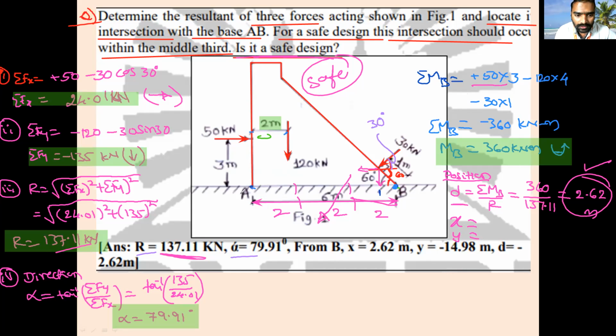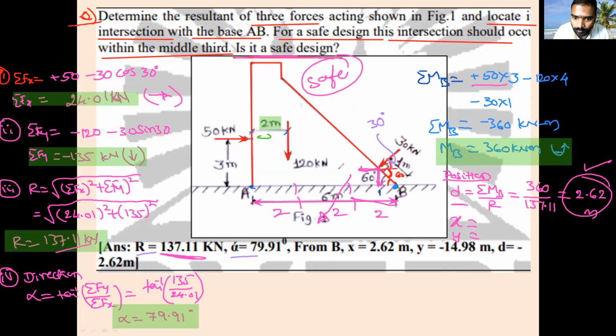Okay. See, if it is not given, you could have calculated from A. We have solved many problems, we have started from the first point, correct? To calculate from A, this 30 kilonewton is inclined with respect to horizontal. So I have to resolve this into vertical component and horizontal component. But I don't know the vertical distance.